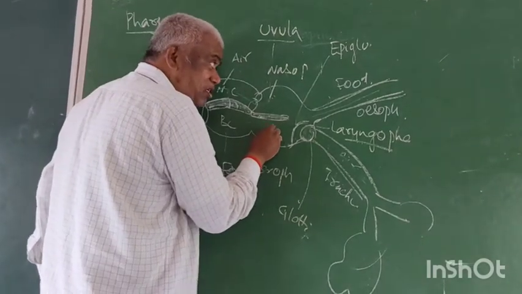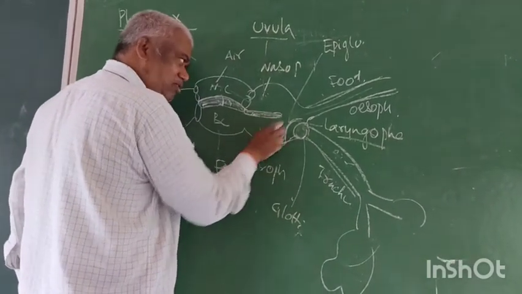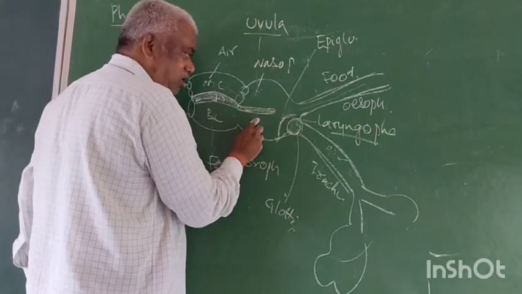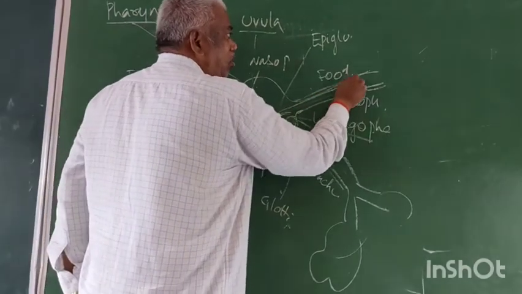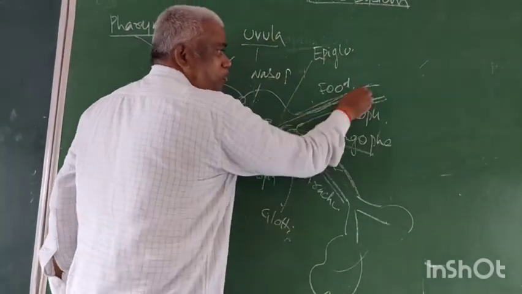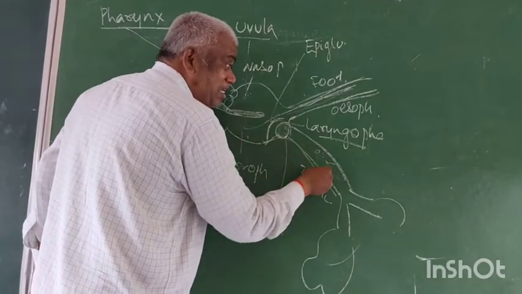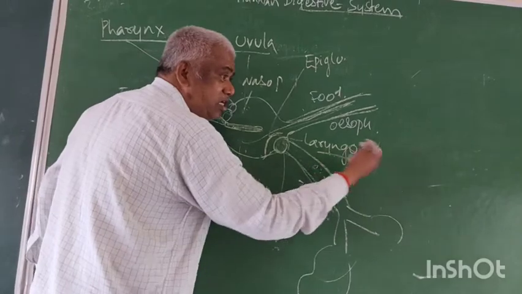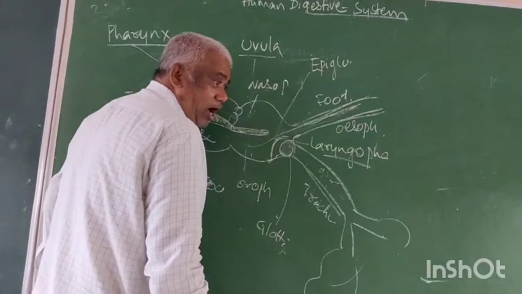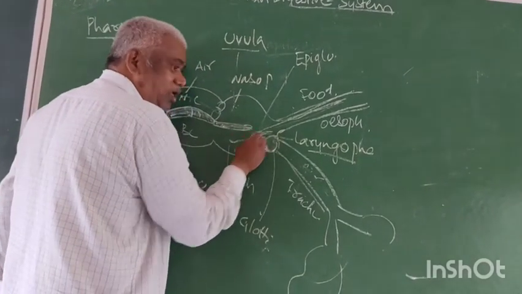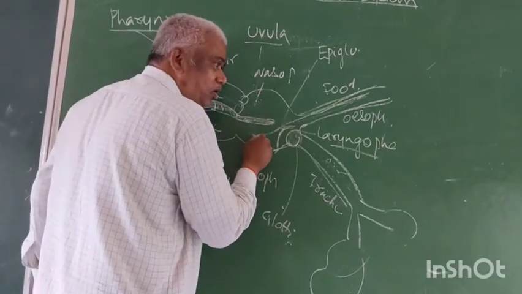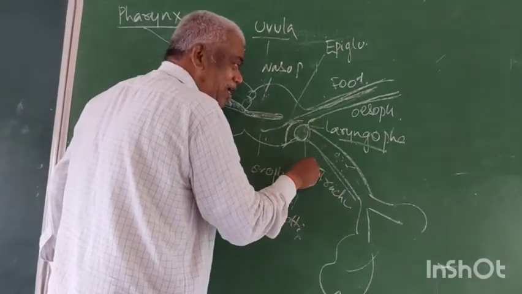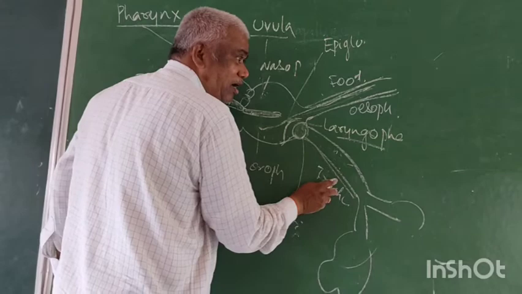When the food is present in the oropharynx, it must reach the esophagus, the food pipe, but not the trachea. If food enters the trachea, that can lead to death. The entry of food into the trachea is prevented.